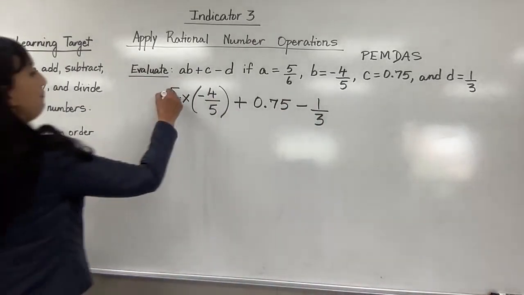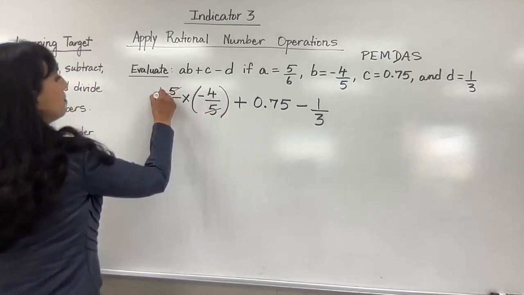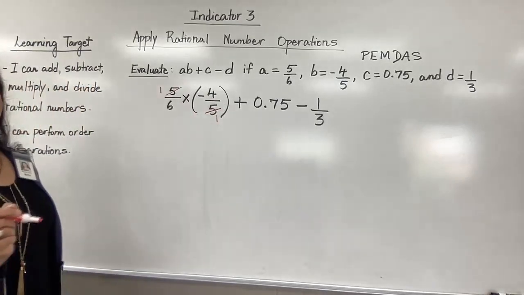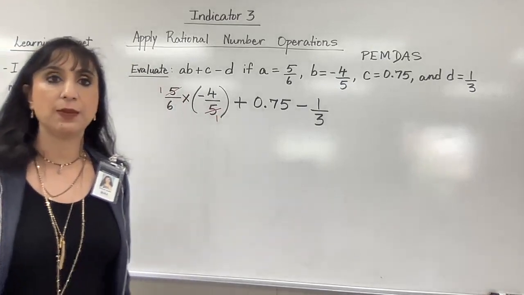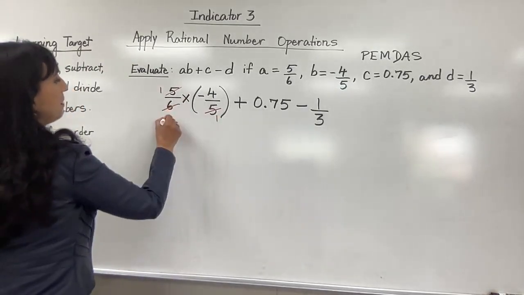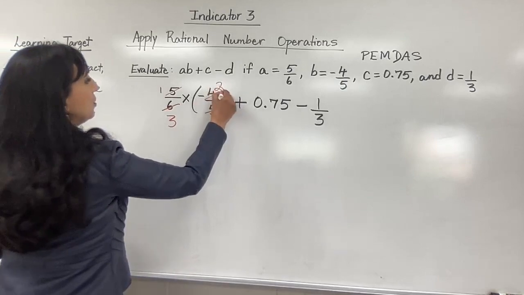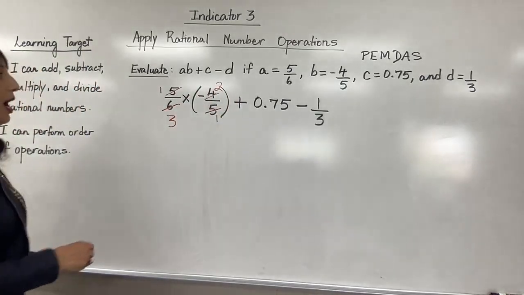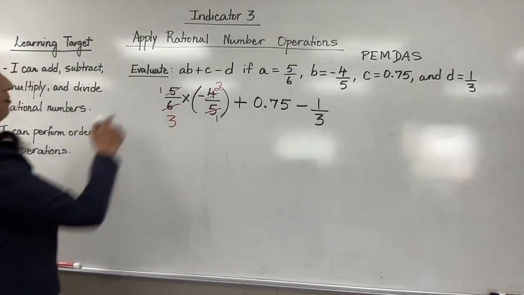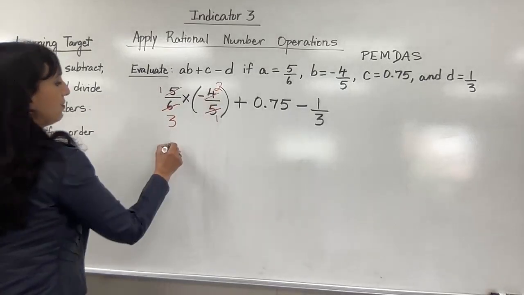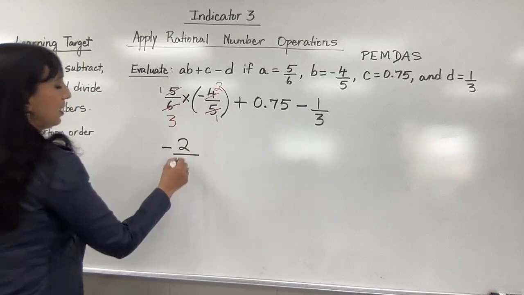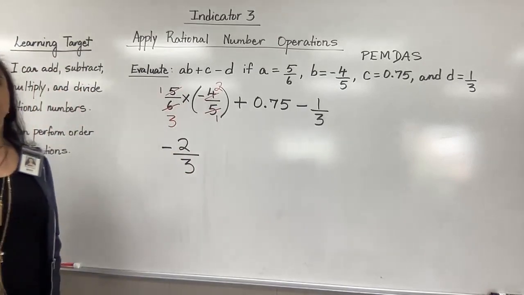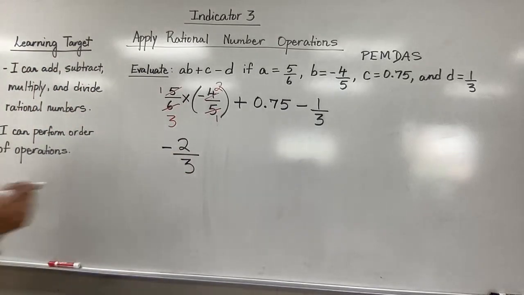I have 5 divided by 5, which gives me 1. And then 4 and 6 are both even numbers, so they are both divisible by 2. This becomes 3 and this becomes 2. And so I get 1 times negative 2, that gives me negative 2 over 3 times 1, so negative 2/3.